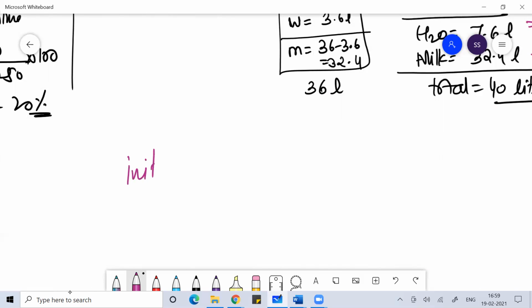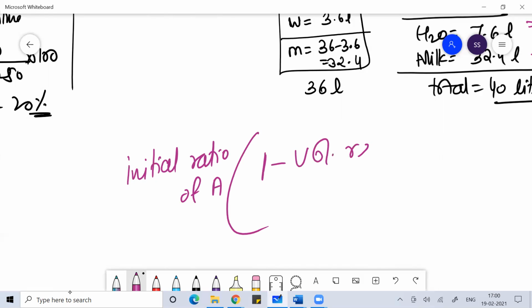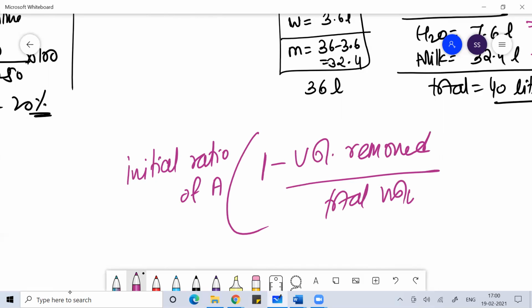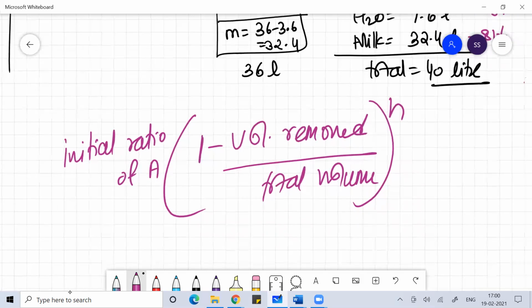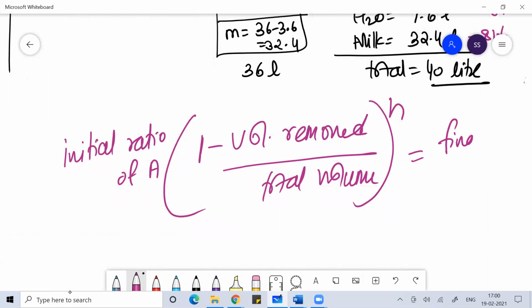It's like: initial ratio of A, where A is the variable which is getting reduced, times (1 minus volume removed by total volume) to the power n is equal to the final ratio of A. Out of milk and water, the variable which I should consider is the milk.